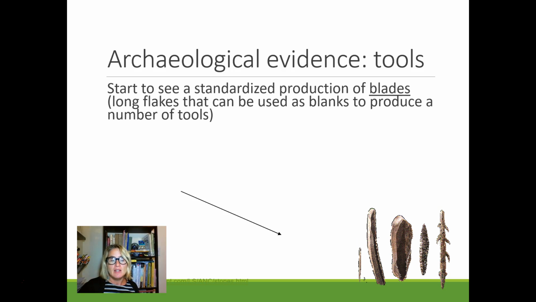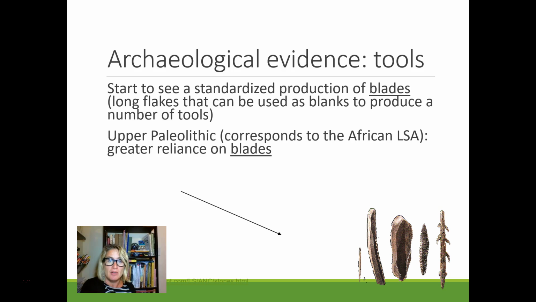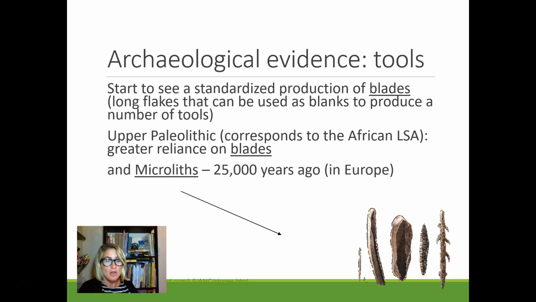We do see that anatomically modern Homo sapiens use standardized production of blades. And remember, we have that blade which is twice as long as it is wide. And we see a greater reliance on blades, and eventually we'll see microliths dating to about 25,000 years ago in Europe.